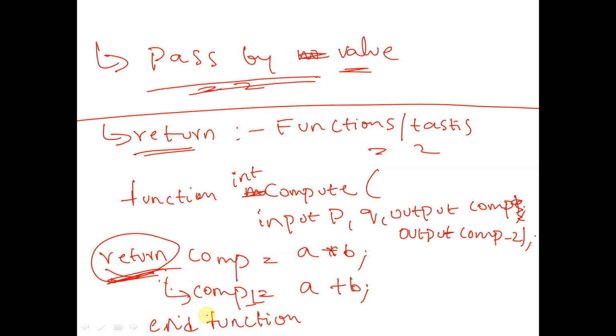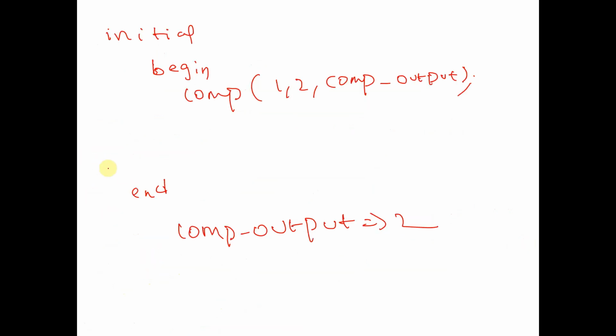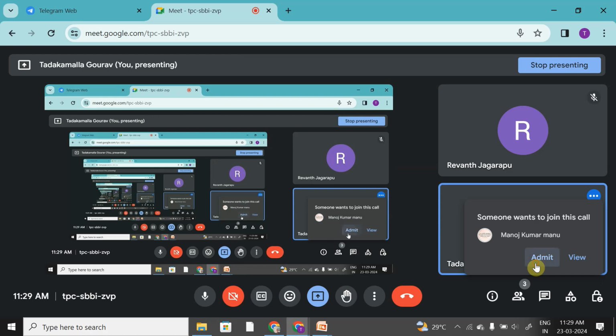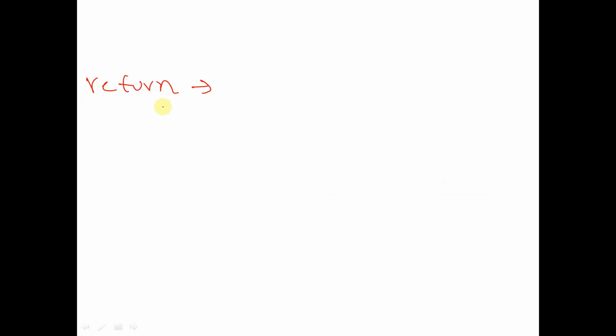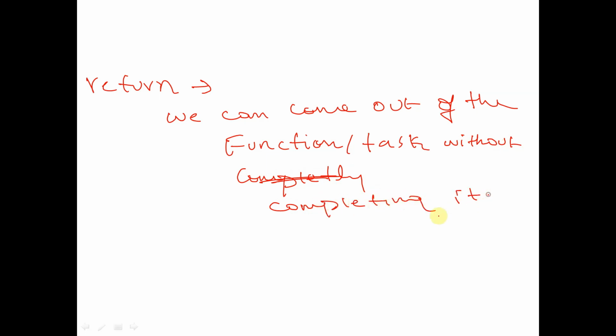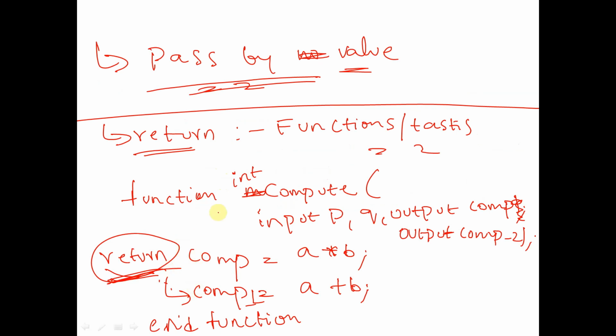So with the help of the return keyword, we can come out of a function or task without completing all the assignments in it.